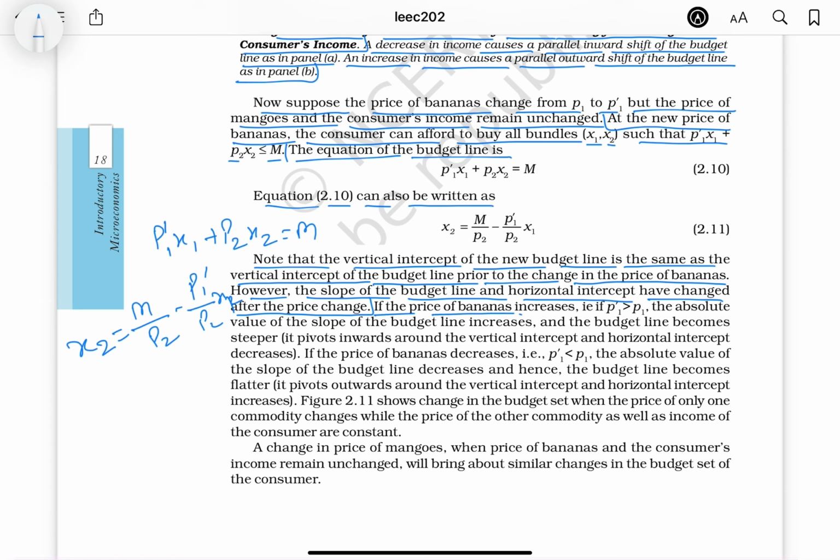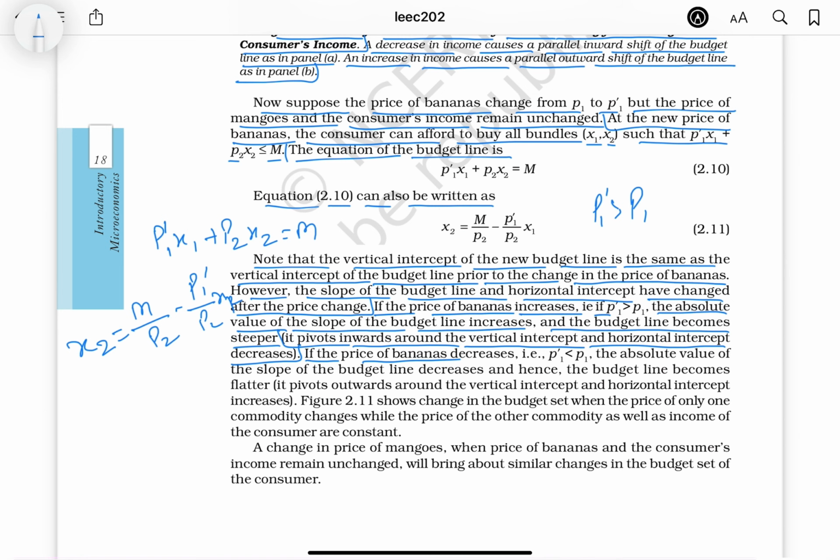If the price of bananas increases, that is if p1 dash is greater than p1, the absolute value of the slope of the budget line increases and the budget line becomes steeper. It pivots inward around the vertical intercept and the horizontal intercept decreases.